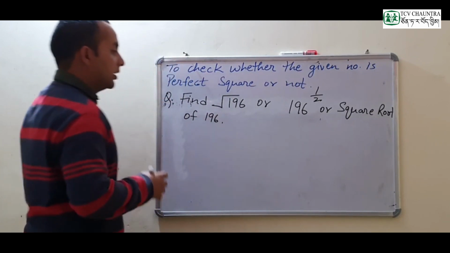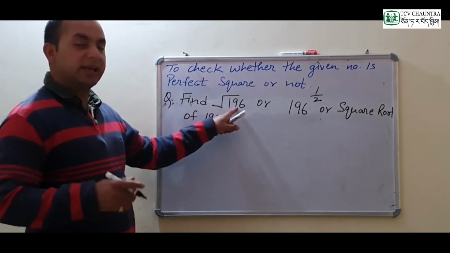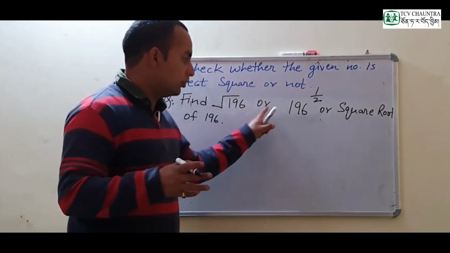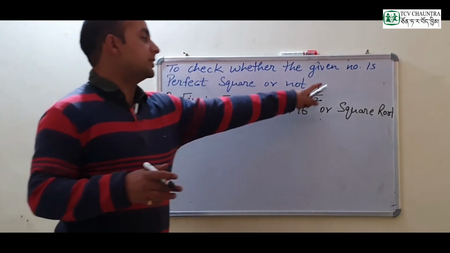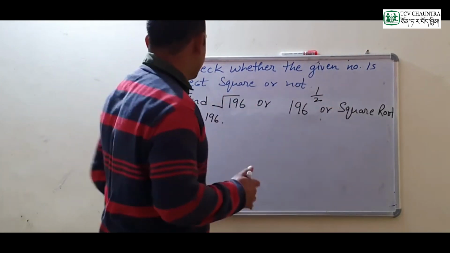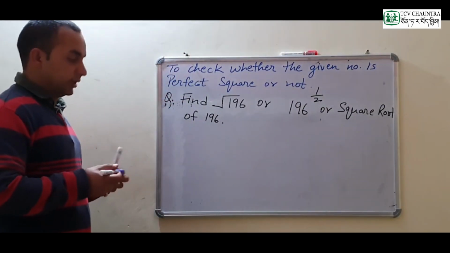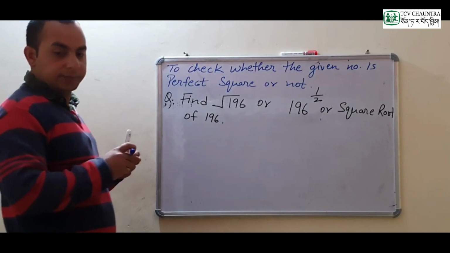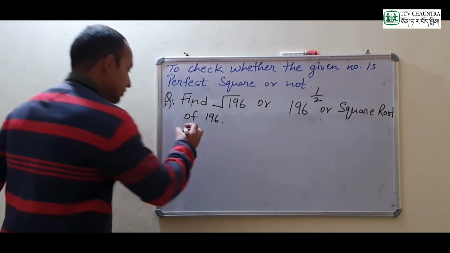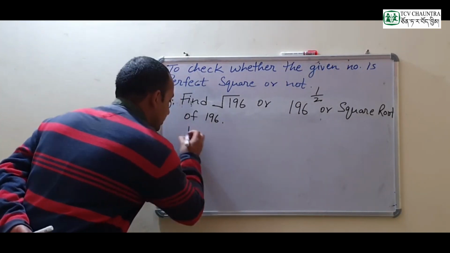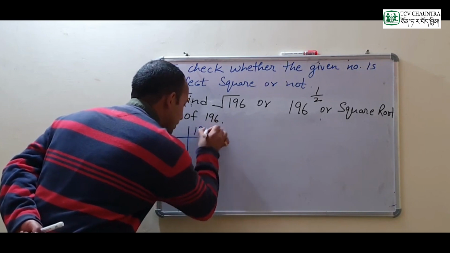By using prime factorization, I am going to check. So we are going to check for 196.